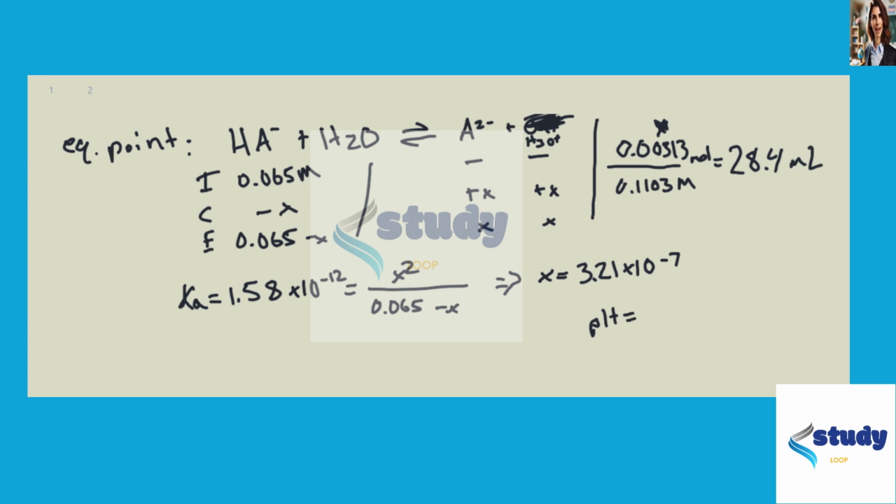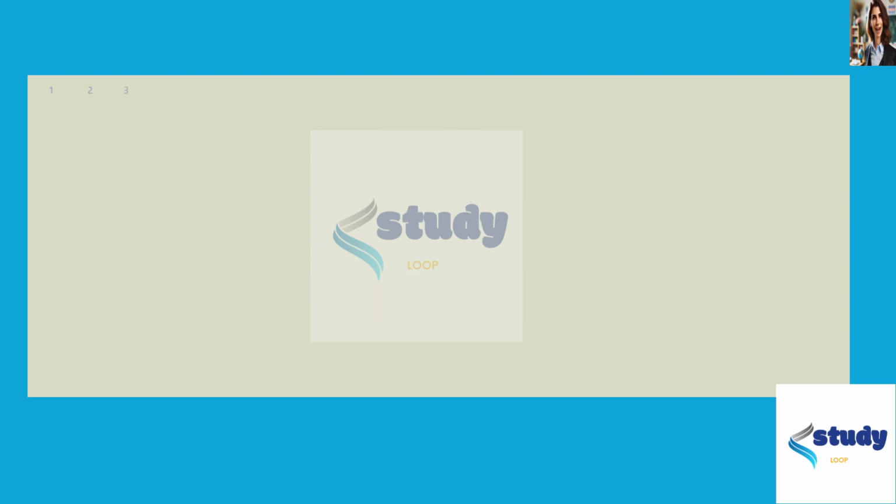And so if we take the negative log of this value, we get our pH at the equivalence point is equal to 6.49 pH units. So that's at the equivalence point.